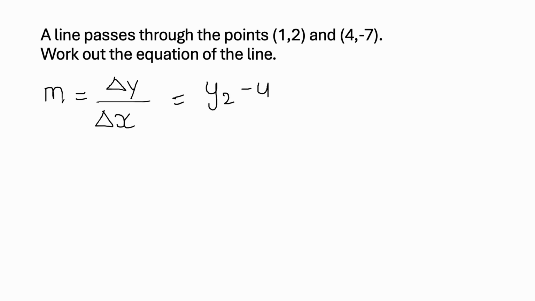y2 minus y1, or y1 minus y2, it doesn't really matter, over x2 minus x1. Let's say the 1 up here is our x1, this is our y1, this is x2, and this is y2. So y2 is minus 7.